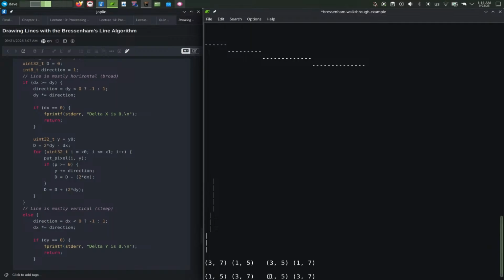But this line would be going up. So I don't think we can just flip it like that. Yeah, we can't just do that. Those are not the same line, I think, right?